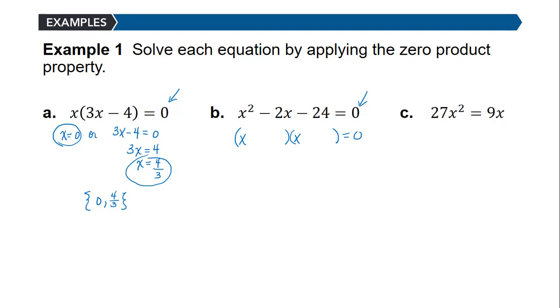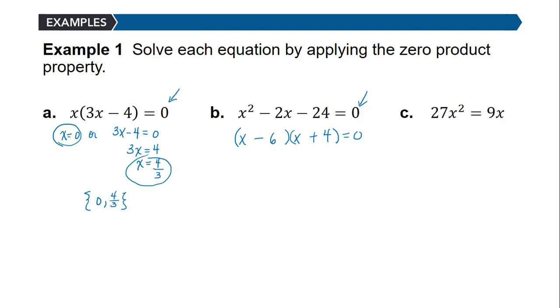If you need to, you can list the factors of negative 24, but think with me that negative 6 times 4 is negative 24, and also negative 6 plus 4 is negative 2. The factors are x minus 6 times x plus 4, and we have that equal to 0.